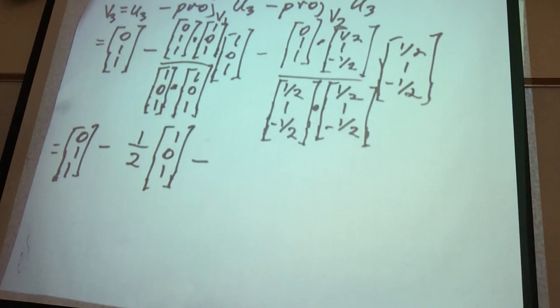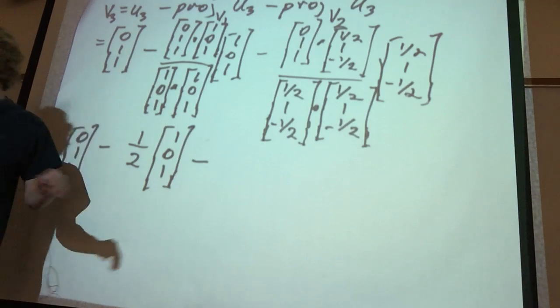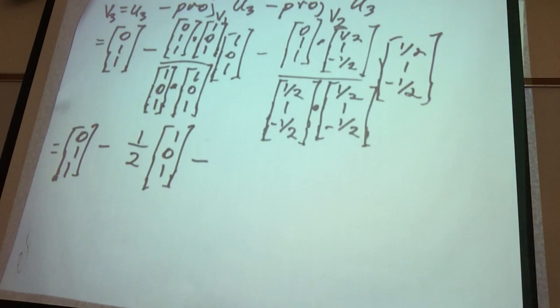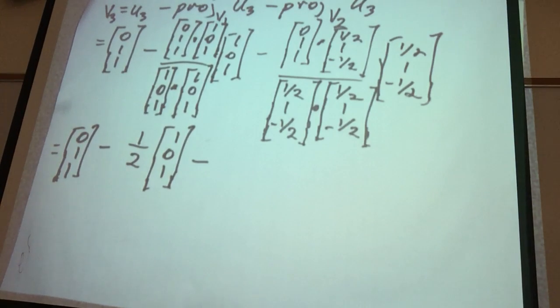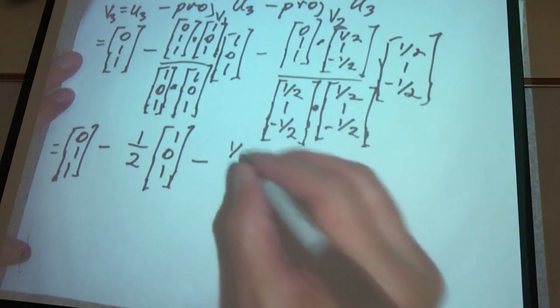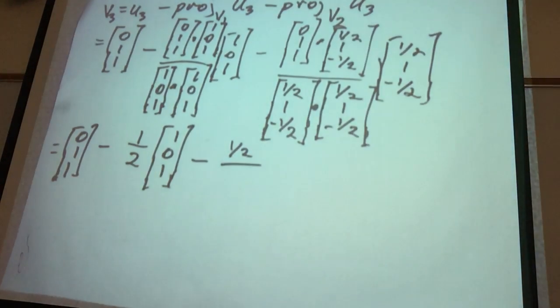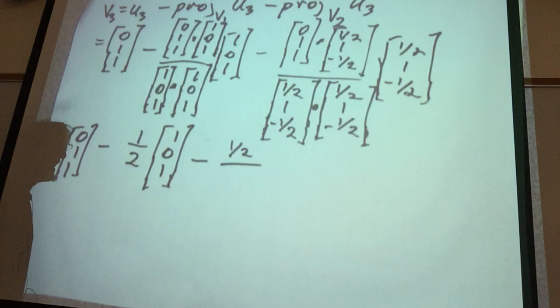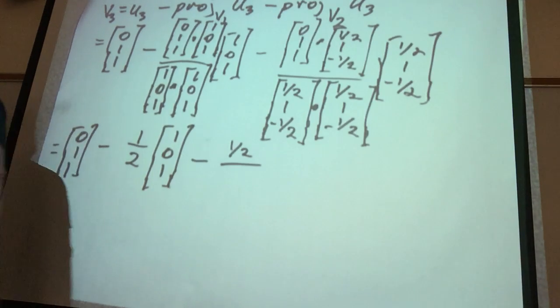We're going to have a positive 1 and a negative 1 half, which would give us a positive 1 half. Now 1 half times 1 half is 1/4. Negative 1 half times negative 1 half is also 1/4. Add those together, you get 1 half. And then 1 half plus 1 is really 3 halves.